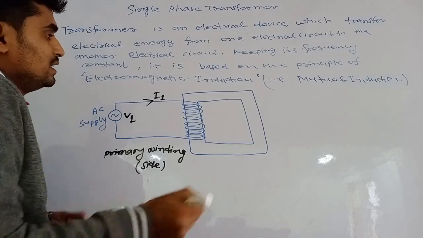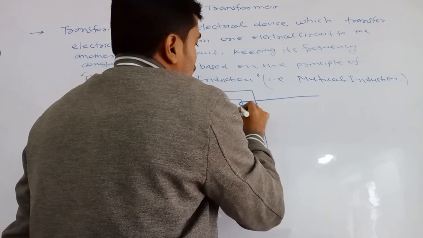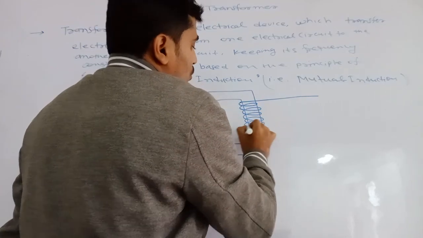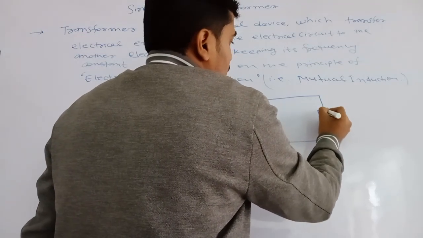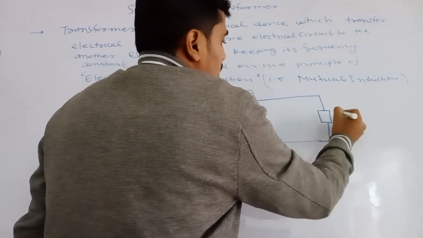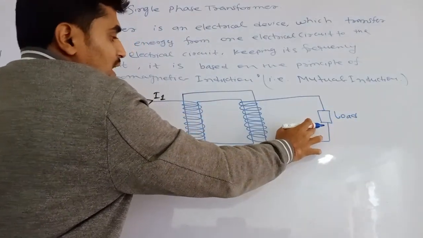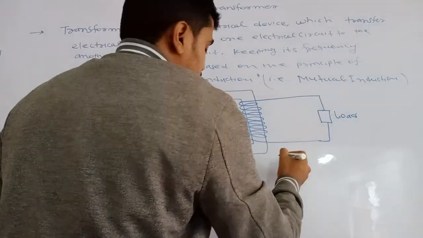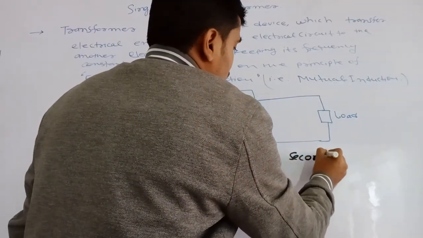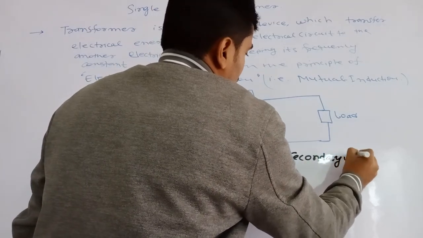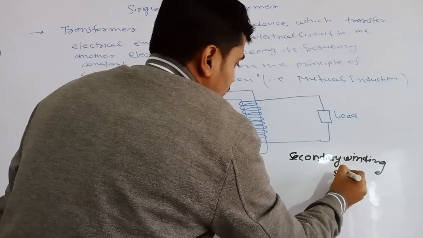Similarly, the secondary side is wound with copper material and is connected through the load. This is the load terminal, known as the secondary winding or secondary side.